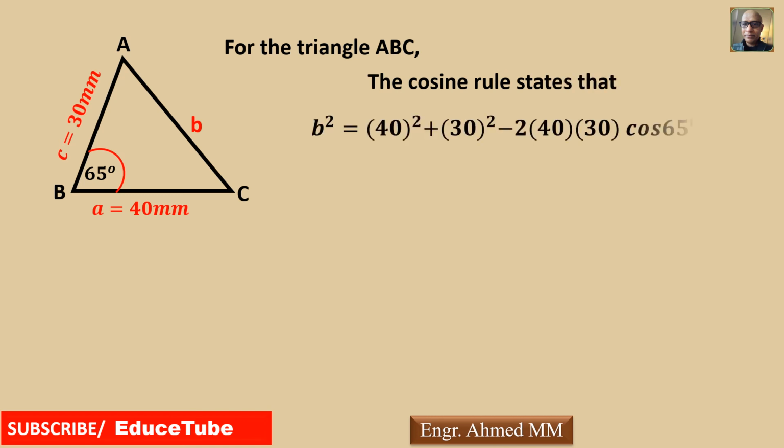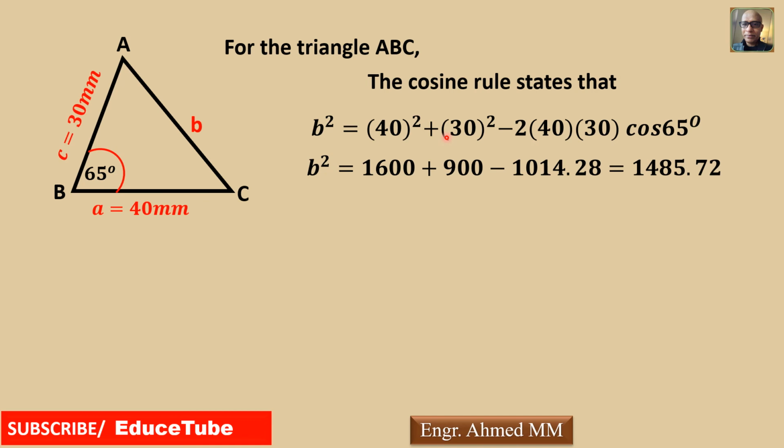We have to use this formula: b square equals a square plus c square minus 2ac cos b, as we already saw in the previous slide. This angle is 65. So easily we can find b square, then taking the square root we find b equal to 38.545. So this b is this.